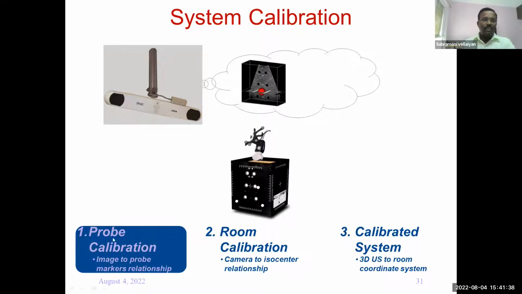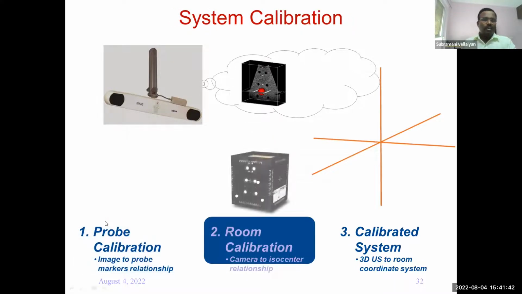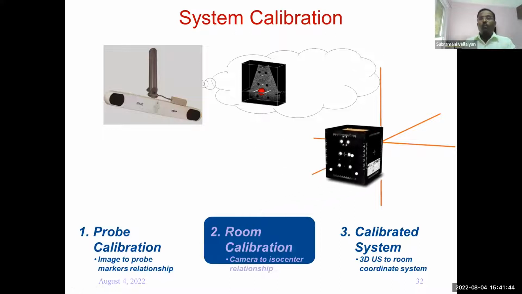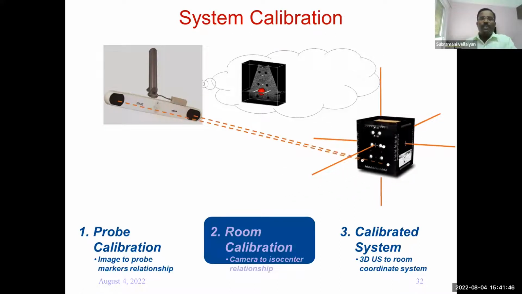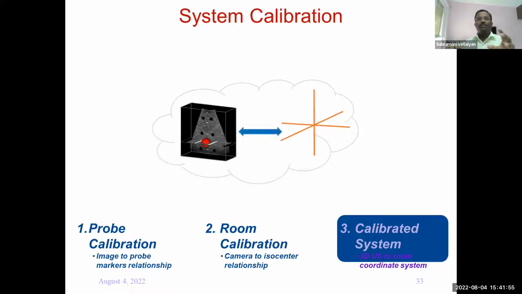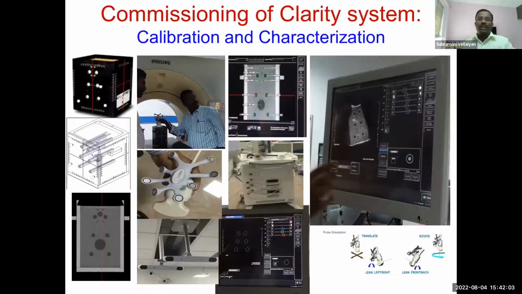In the probe calibration, basically the image is referenced to the probe. Another one is the room calibration, wherein the room coordinates will be relative to the optical system. The third one is the system calibration, wherein the ultrasound imaging coordinates will be correlated with the reference of the room. So this is how the calibrations will take place.